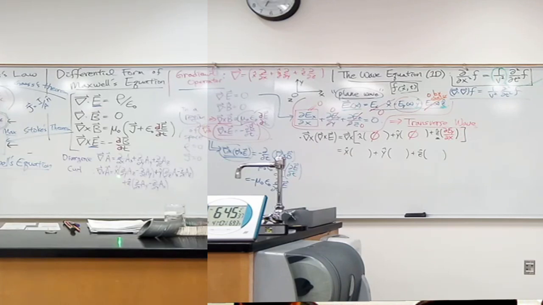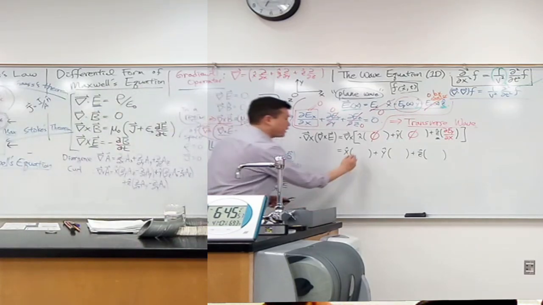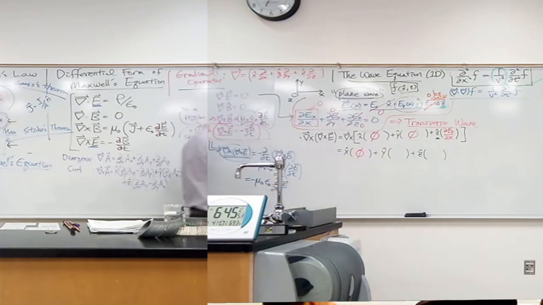The x component: I'm taking the derivative with respect to y, and that's 0, minus the derivative of the y component, that's 0. So the x component ends up being 0; actually, I think the x component would have been 0 no matter what.